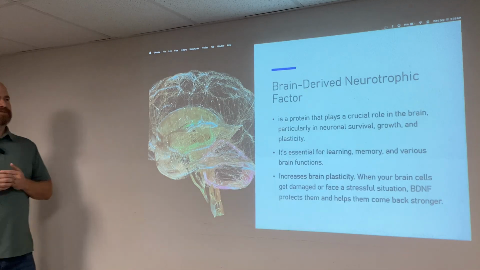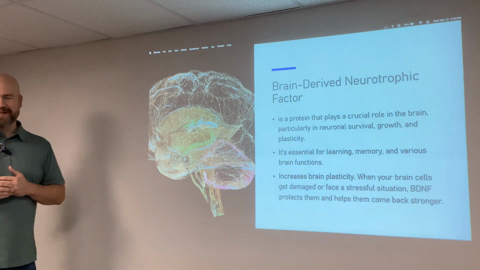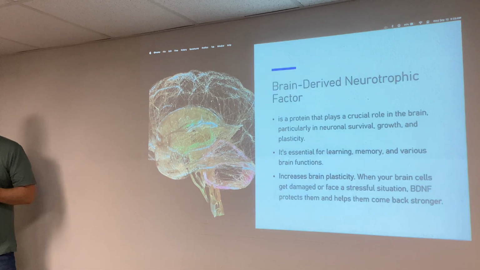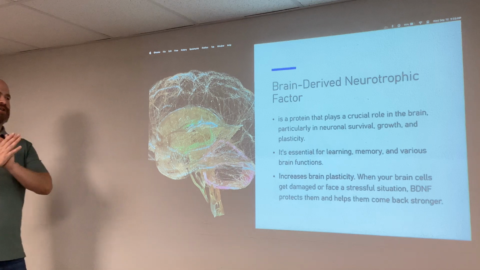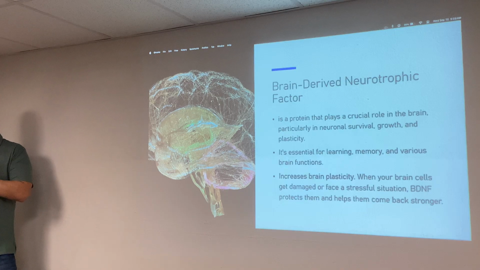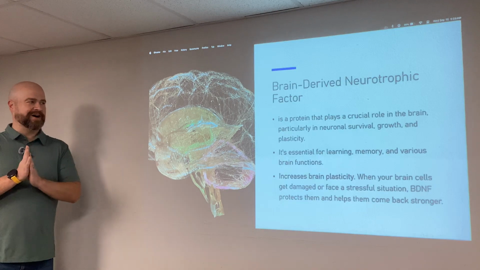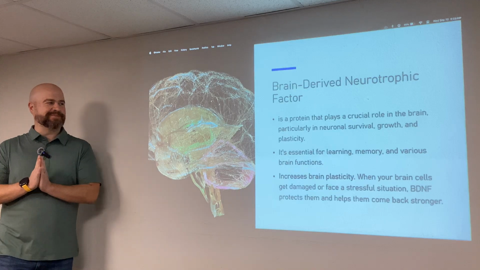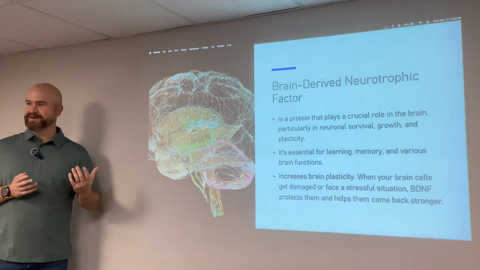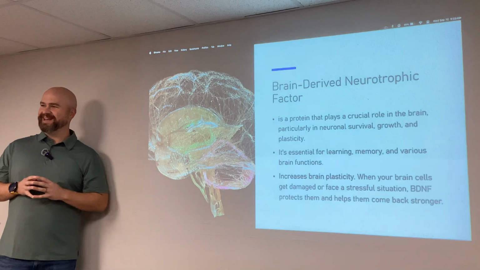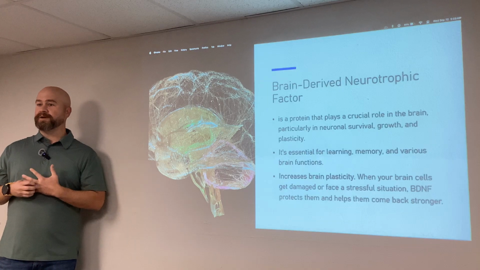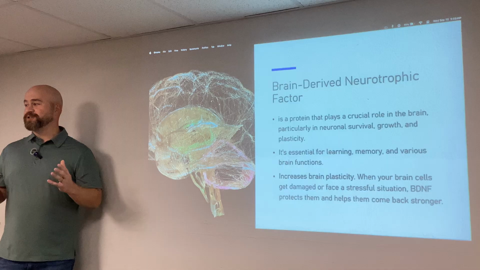So, brain-derived neurotrophic factor. I know this is a lot of antecedent stuff we're going to talk about first for a consequence strategy, but this is very important. And what do we mean by brain-derived neurotrophic factor? Anyone? Well, it's a protein that plays a crucial role in the brain, particularly in neuronal survival, growth, and plasticity. When we have very high BDNF, our brain is able to learn things much quicker, right?